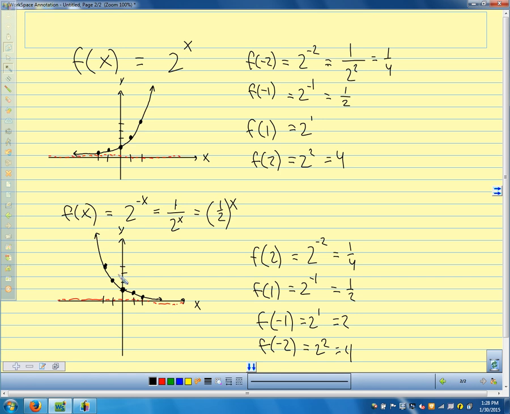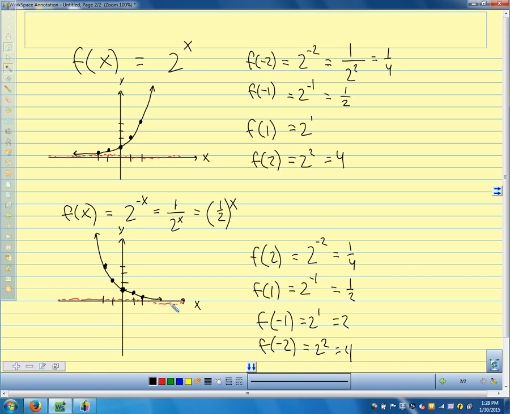Decreasing, always going downhill as we go from left to right. Domain still negative infinity to positive infinity. The range still 0 to infinity. And we still have the same intercept there. So we could use something like this to model a population maybe that's increasing. Here we could model a population that's decreasing, or some radioactive decay maybe, something that's decreasing in amount.